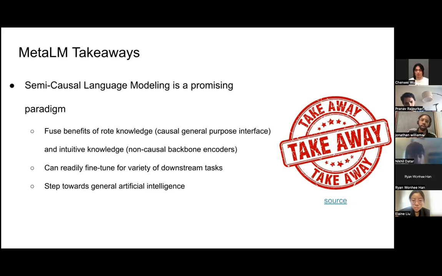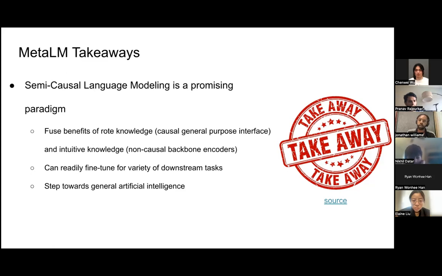So by having the non-causal foundational backbone encoders, you gain an intuitive understanding of how you can reason about a problem that you may not have complete information about, and how you can provide an accurate guess, if that makes sense. And MetaLM is readily fine-tunable for downstream classification tasks, which, in my sense, provides a kind of step towards general artificial intelligence.